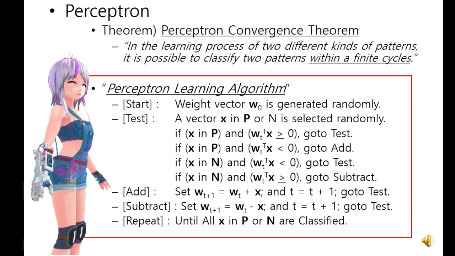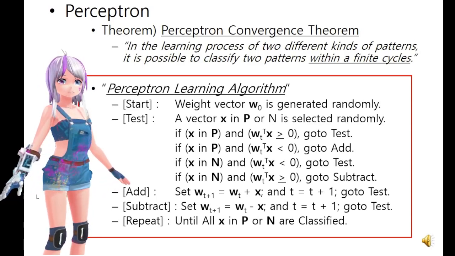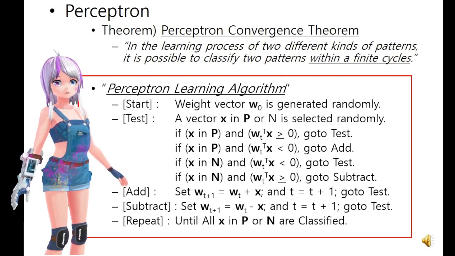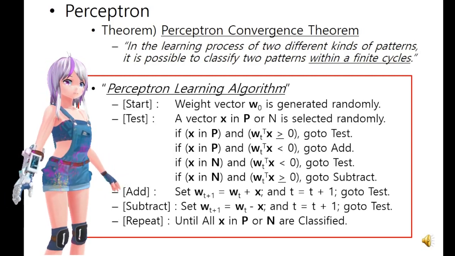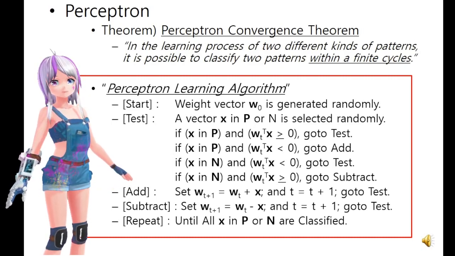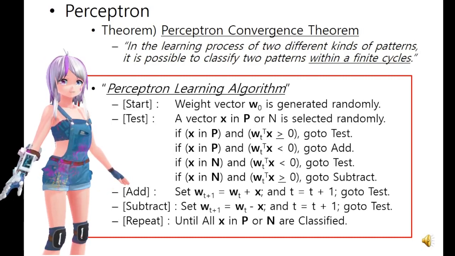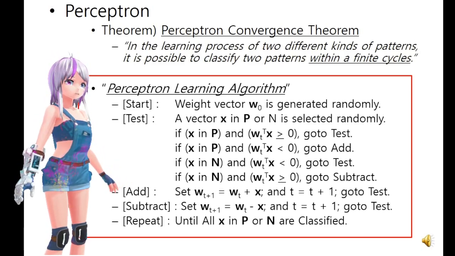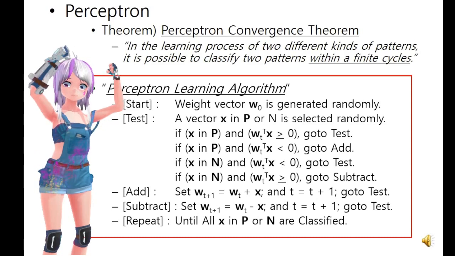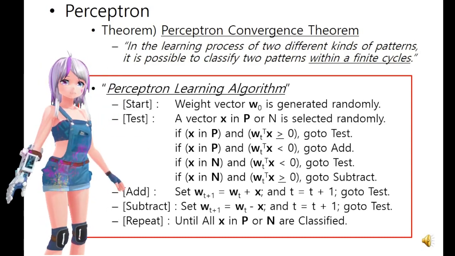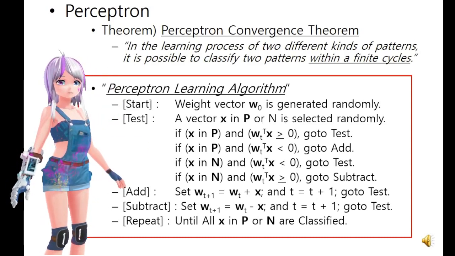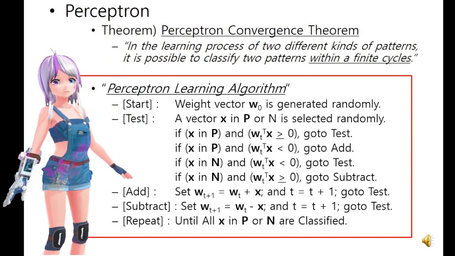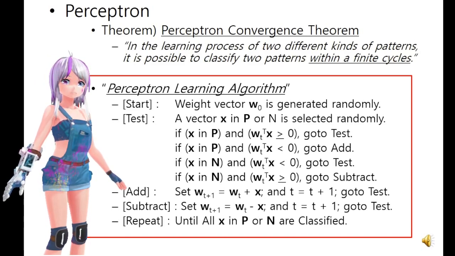If x is in P, the output y or O should be 1. We already know x is in P, and that's why we call this supervised learning, because we know the output, we know the labels. Here t is the subscript that indicates the stepwise increment.